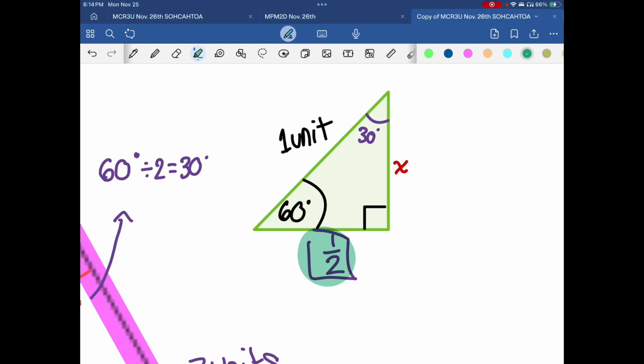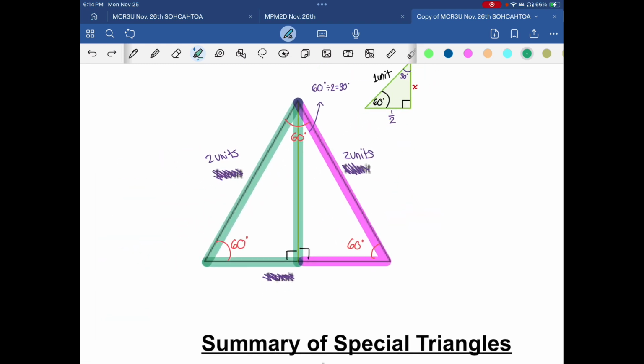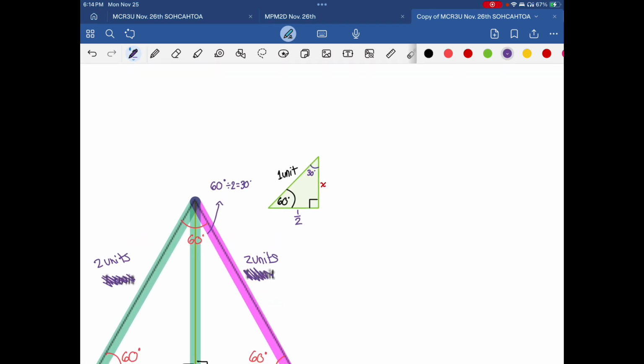Doesn't look nice, so I apologize. I have to correct your note. So this is 2 units. Okay, so let me fix my side lengths on my triangle.